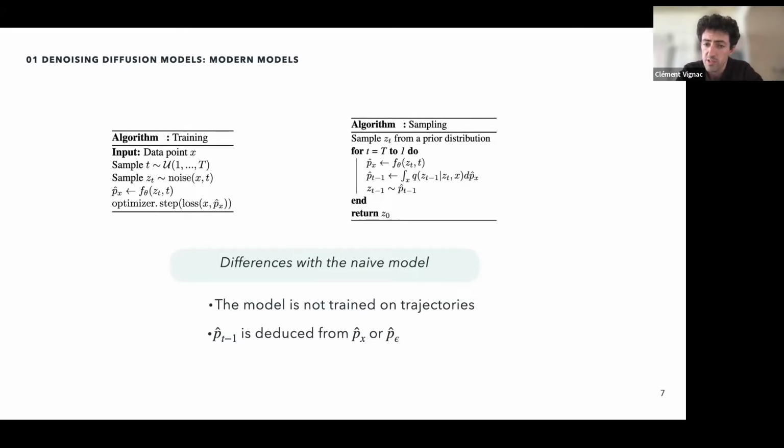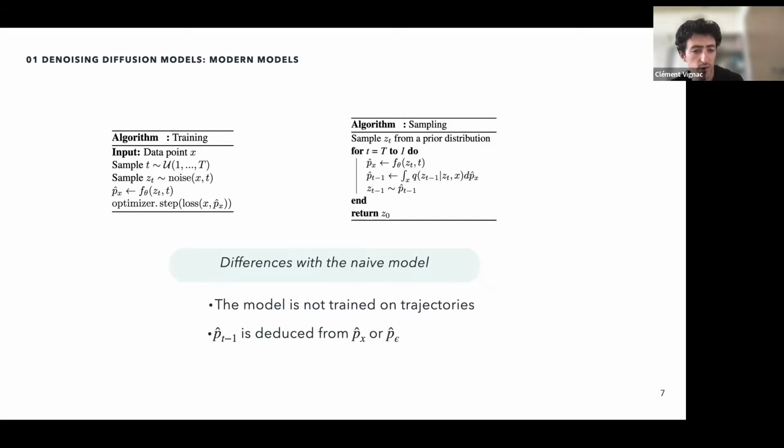When you want to sample, you start from noise as before. We apply recursively the denoising network as before, but now it predicts either the clean input or some noise. So we need to compute this integral on the right to get the distribution at time t-1, and we sample from this distribution.